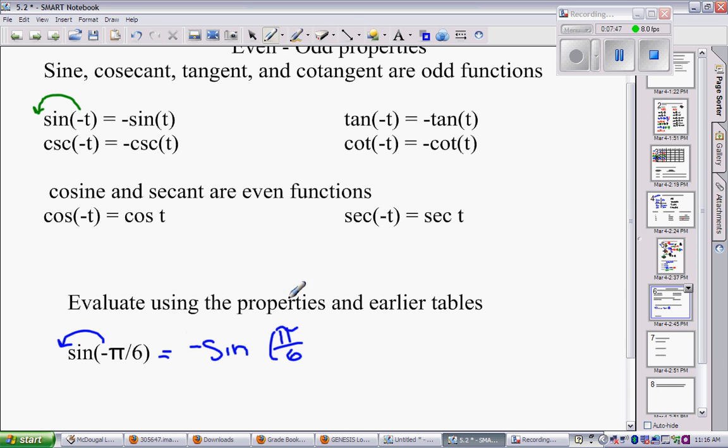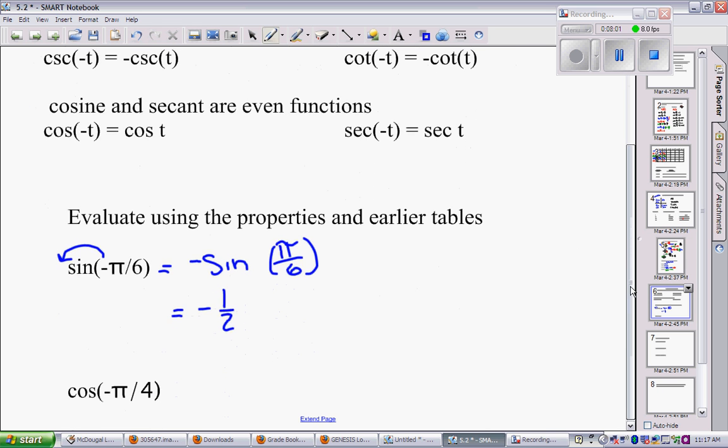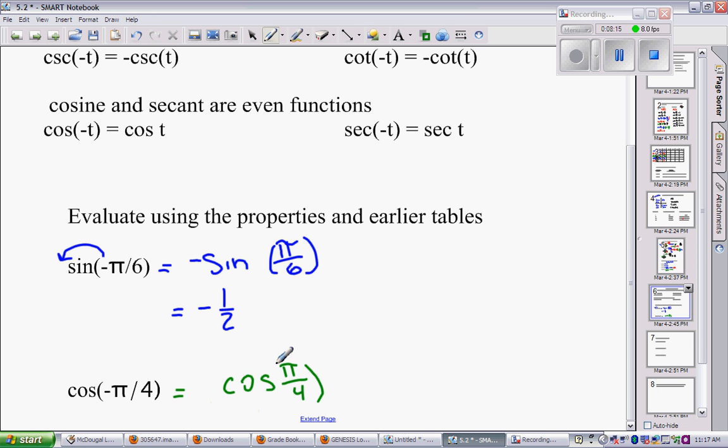From the unit circle, we know that sine of pi over 6 is 1/2, so we got a negative 1/2. Cosine of negative pi over 4, cosine is even, so the negative doesn't matter. So it's the same thing as the cosine of pi over 4. Cosine of pi over 4 is root 2 over 2.